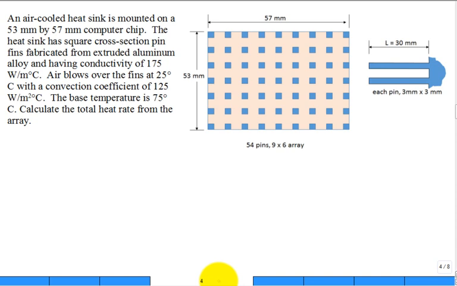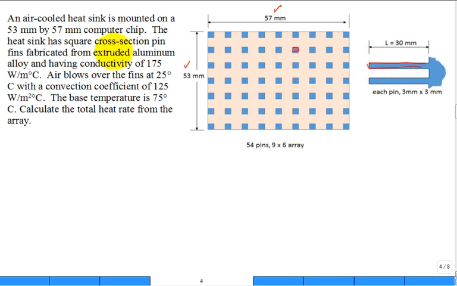An air-cooled heat sink is mounted on a 53 millimeter by 57 millimeter computer chip. So here's 57, here's the 53 millimeter, and they have this heat sink put on. This heat sink has square cross-sectional pins. So looking down, they look square. Looking at the side, they just look long. Okay.